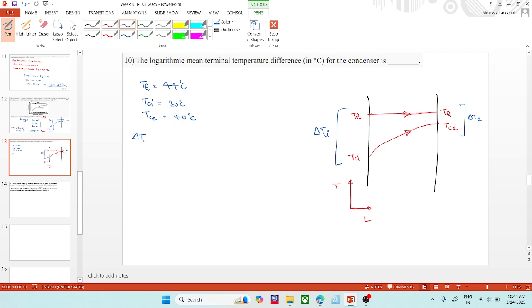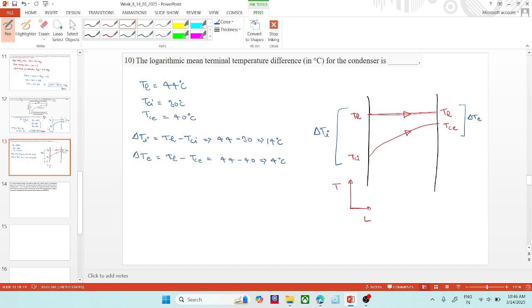So the temperature difference at inlet, delta Ti, would be TH minus TCI, that is 44 minus 30, which is 14 degrees centigrade. Similarly, the temperature difference at the exit, delta Te, would be TH minus TCE, that is 44 minus 40, which is 4 degrees centigrade.